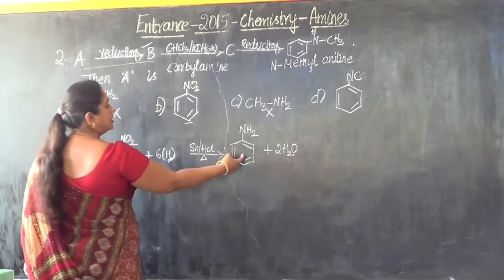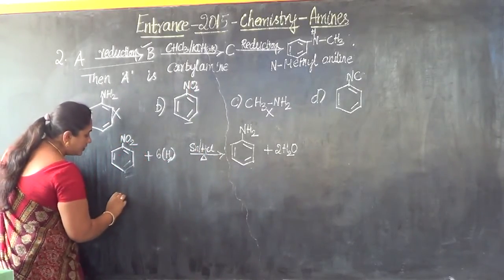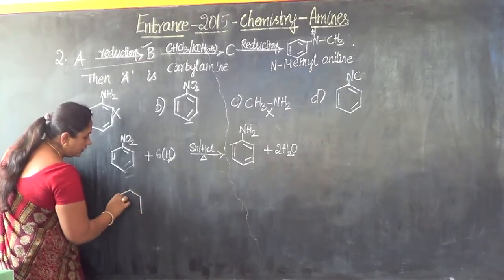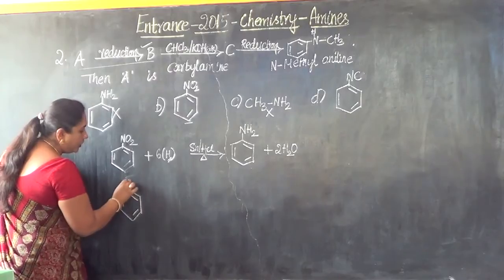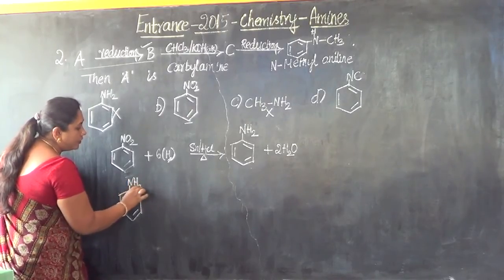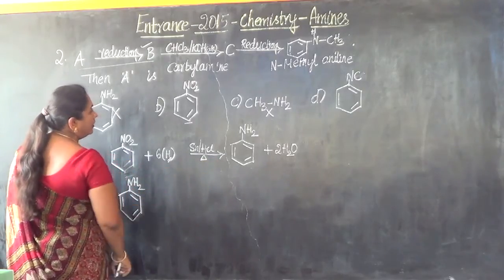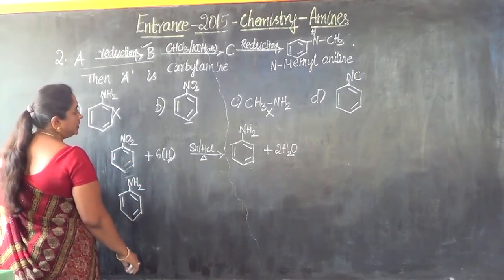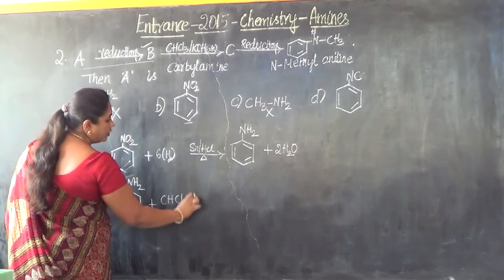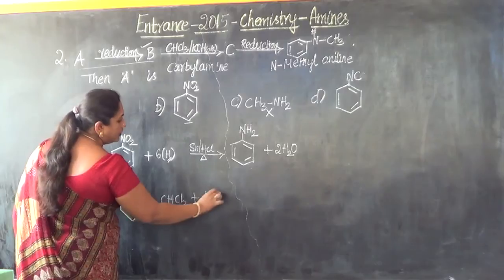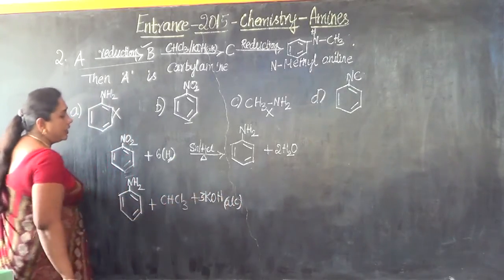Let us subject this to the next process. We have obtained a primary amine, aniline or benzenamine, after reduction. It is treated with chloroform and alcoholic KOH. Let us balance the reaction.